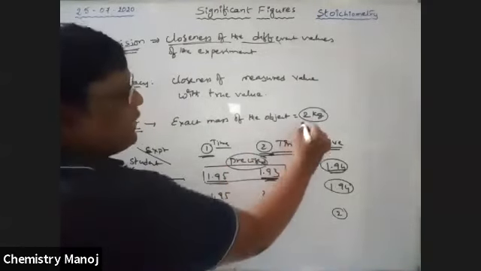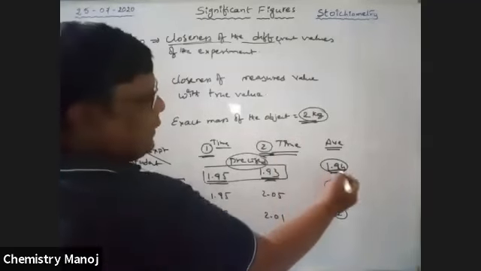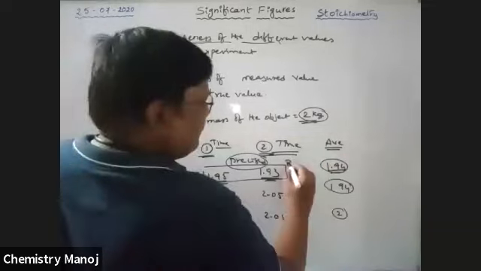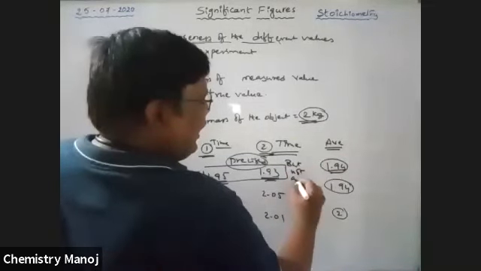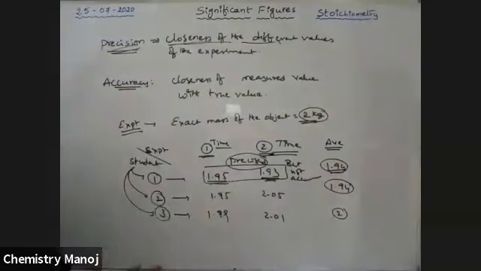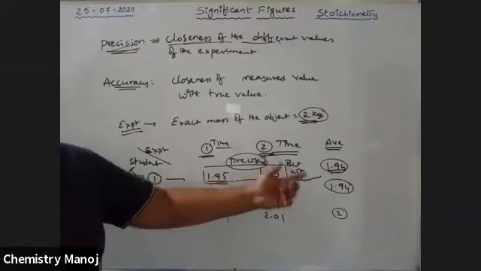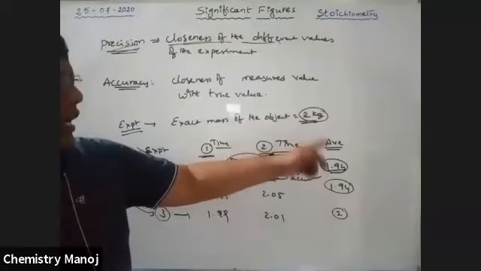But the actual value is 2 kg, and this is 1.94. That is precise but not accurate. He is not correct, but the values are very near to each other. That means the values are precise but not accurate, very far away from the true value.